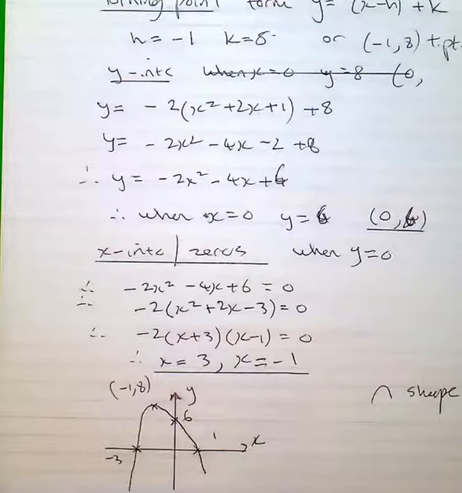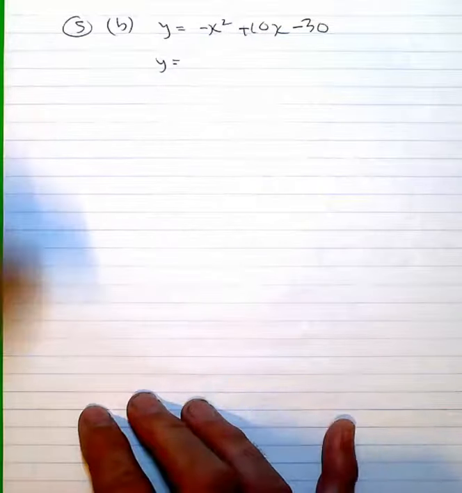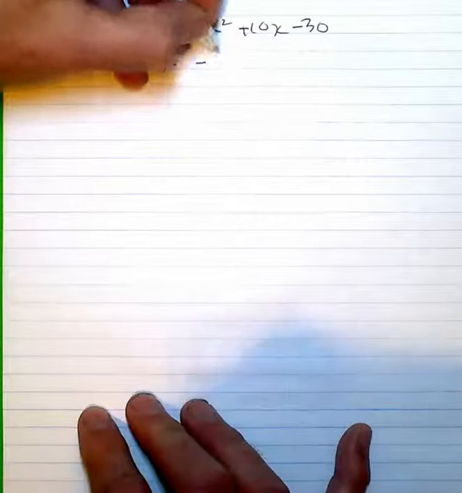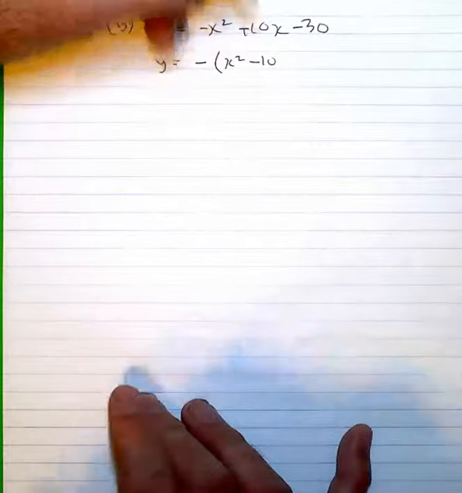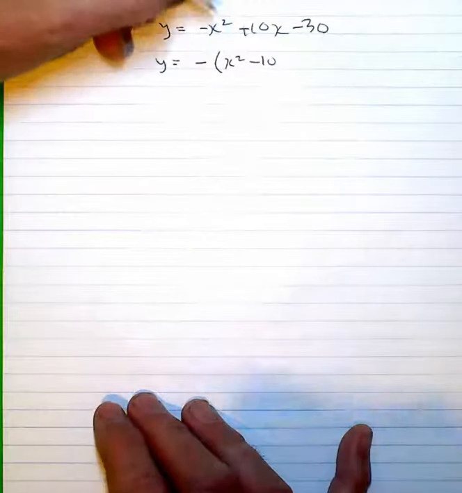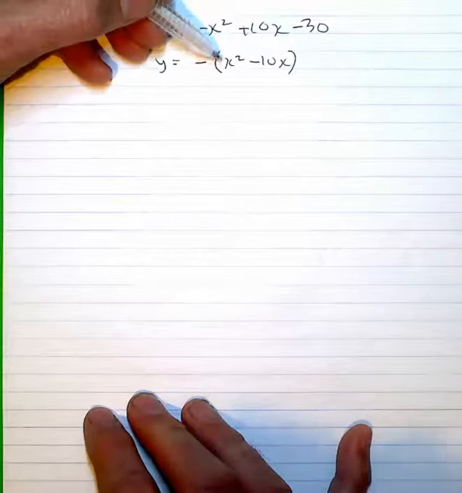Now I'll quickly take you through part B rather now. So working through this next question, the first thing I've got to do is just to take that negative out as a common factor. And you'll see when I do that, I'm left with negative, lots of x squared minus 10x minus 30.